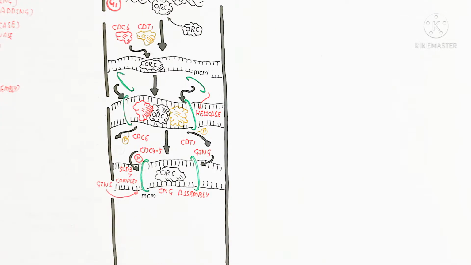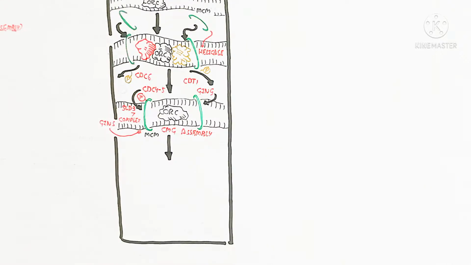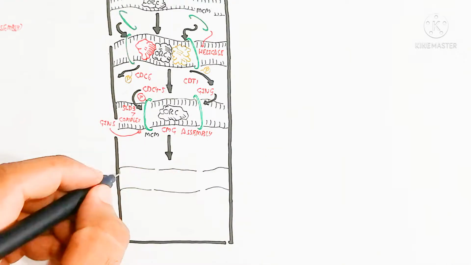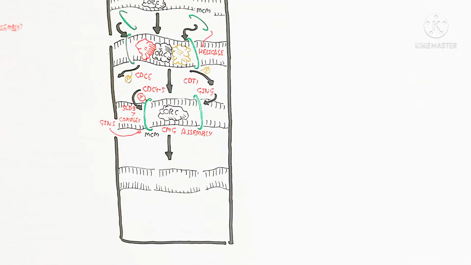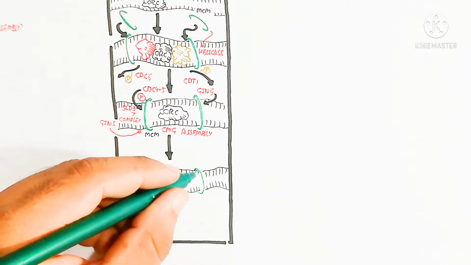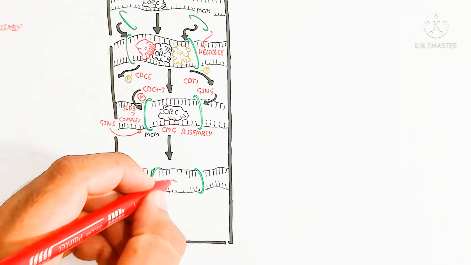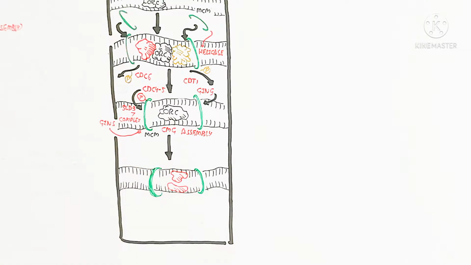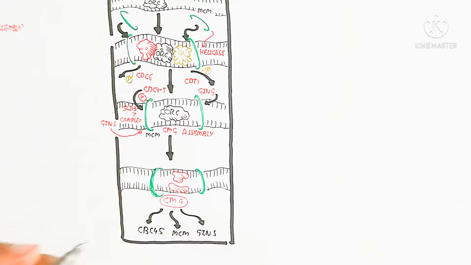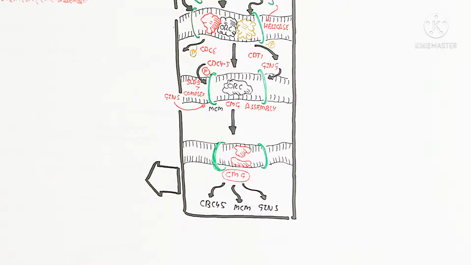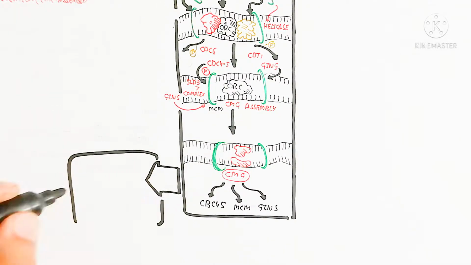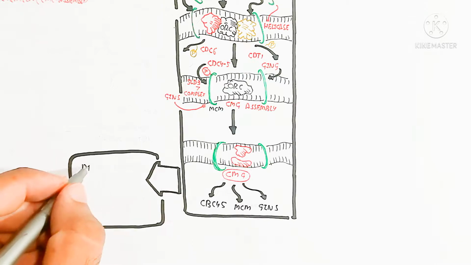So the ORC remains, and the CMG assembly complex is formed, basically CDC45, MCM as well as GINS. This CMG complex is used for initiation, and it also recruits the RPA protein, polymerase alpha and primase.